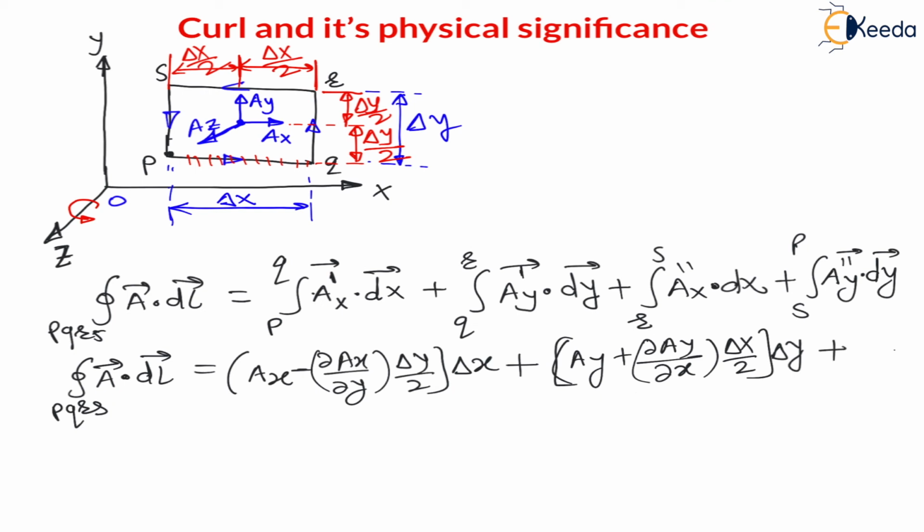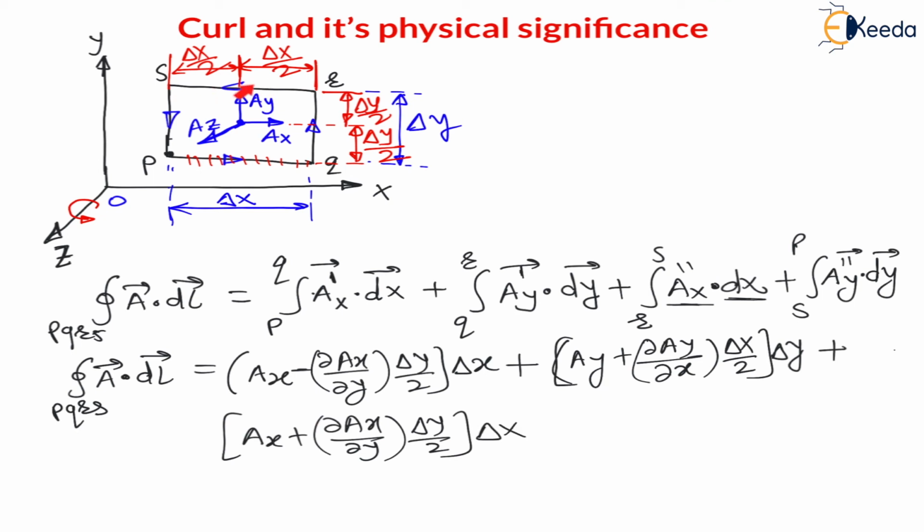Now my dear students, here for RS, that is the second term, Ax double dash is Ax plus dou Ax by dou y del y by 2, right? This is Ax double dash, and the integration of dx is del x, right?